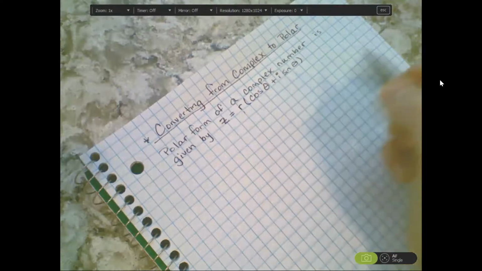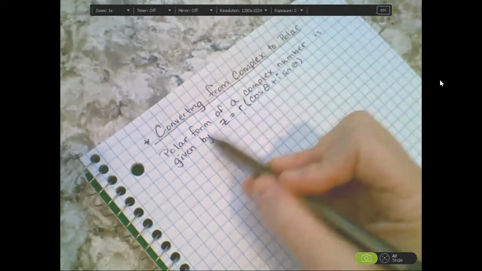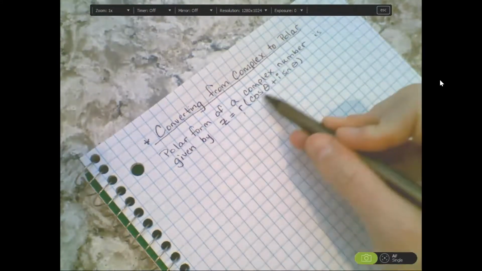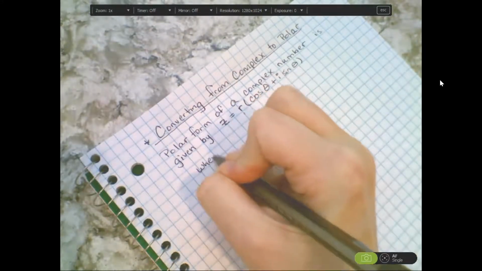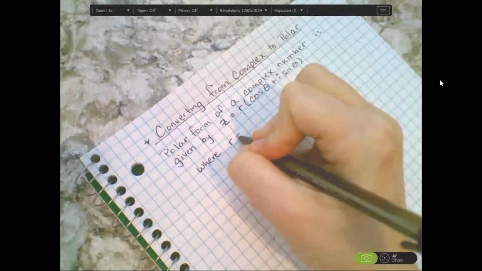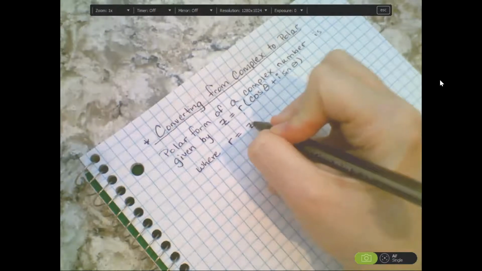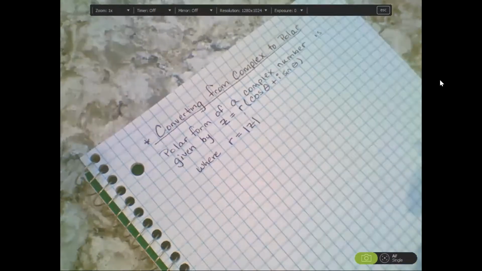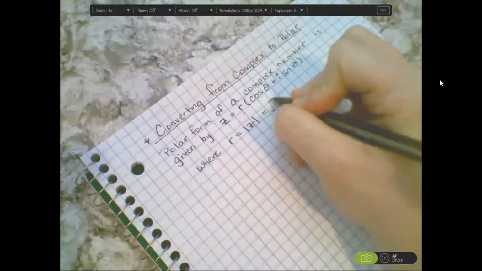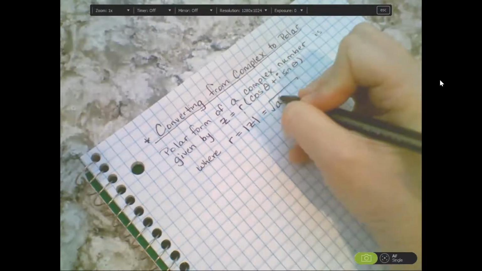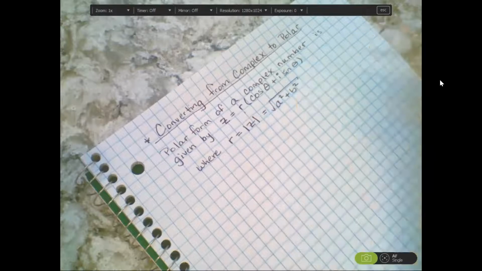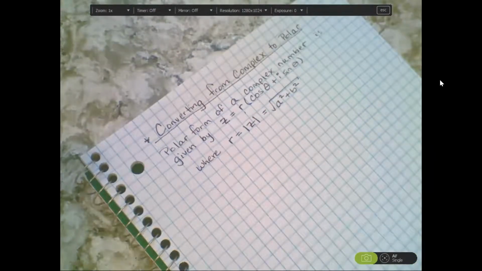Make sense? So the polar form is given by this, so it's going to look like this, but then we have some more to add here, where r equals that absolute value that we were finding a second ago. Which was this little formula that we were just using on our previous examples.